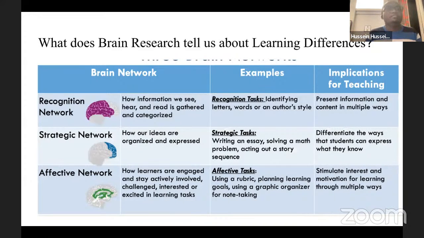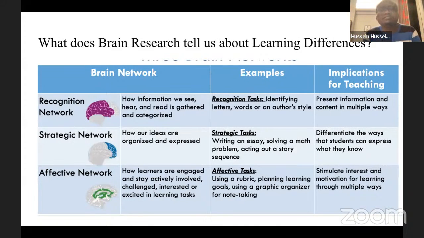Tunatofautiana. The way mimi ninavyopata hii information, kwa mfano hata hapa ninapoelezea, nikisema niulize swali, atakavyoelezea mmoja na mwingine ni tofauti. So the same to the kids, you have to know namna ambavyo anapokea hizo information, anavyozisoma na kuzicategorize inakuwa tofauti.